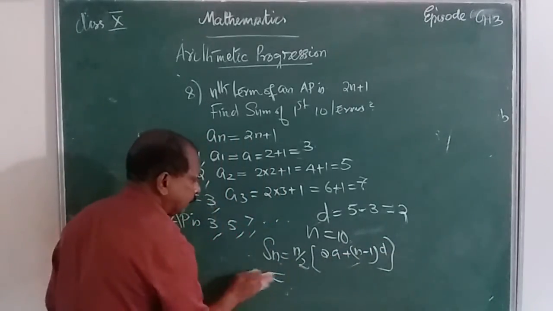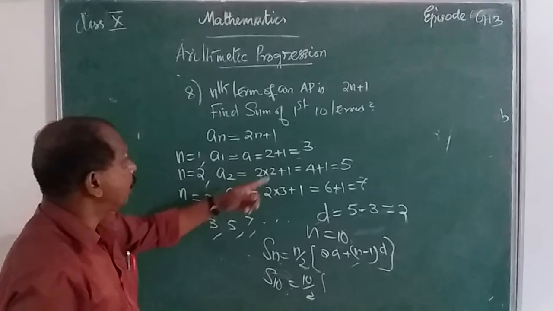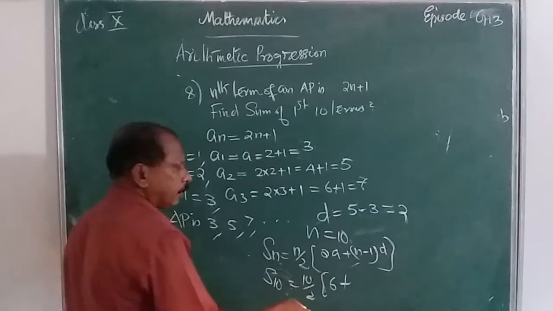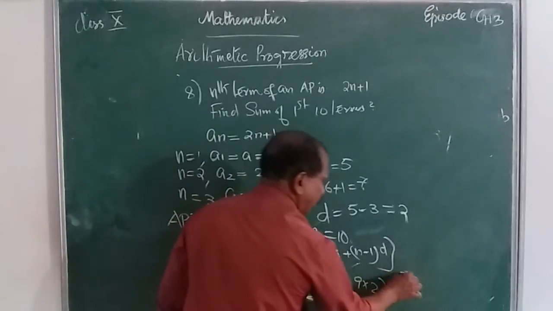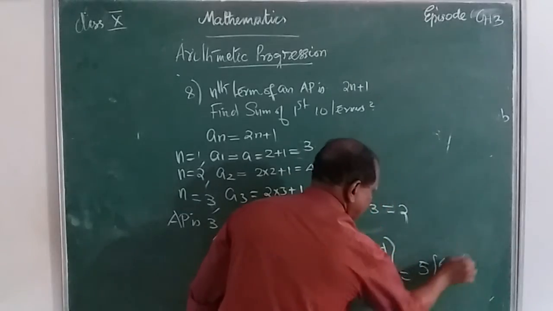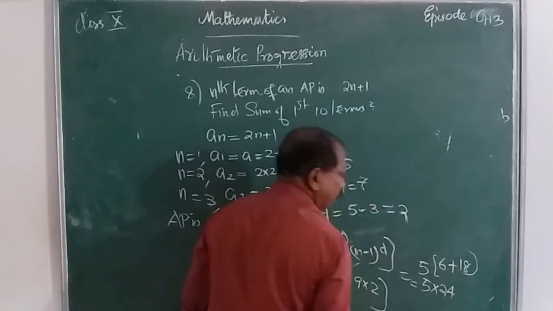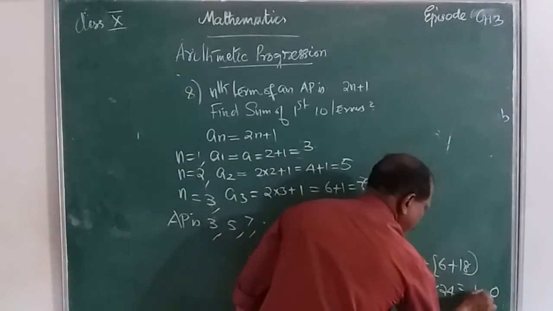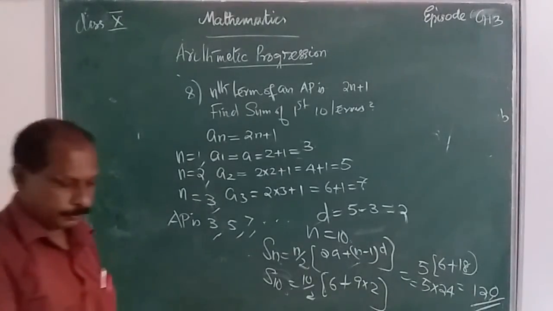That is S10 is equal to 10 by 2 into (2a, 6, plus 10 minus 1, 9, into d, 2). 10 by 2 is 5, into 6 plus 18, 24. That is equal to 120. That is the sum of first 10 terms.